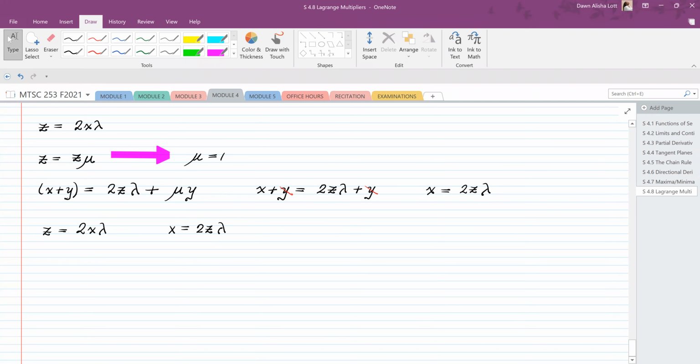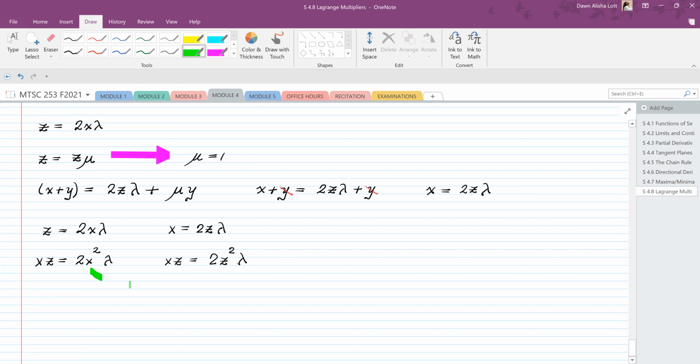If I multiply the first equation by x, I get xy, xz. And if I multiply the second equation by z, I get xz is equal to 2z squared times lambda.